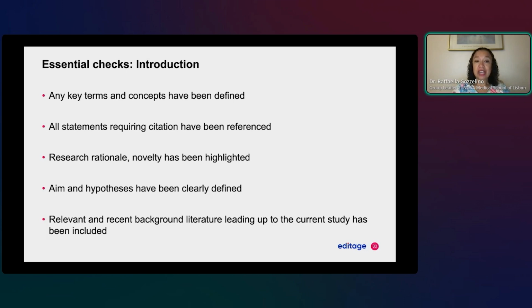The research rationale needs to be novel, and this novelty needs to be highlighted in your introduction. So state very upfront that your paper is relevant because the novelty is, and then you describe it. And the relevance and the recent background literature leading up to the current study need to be included.